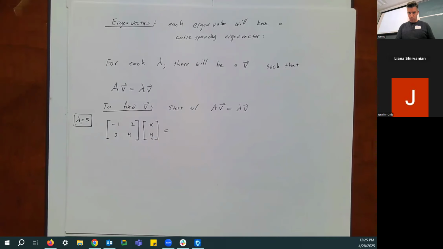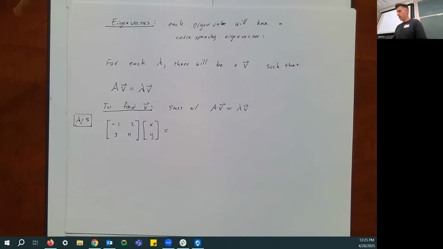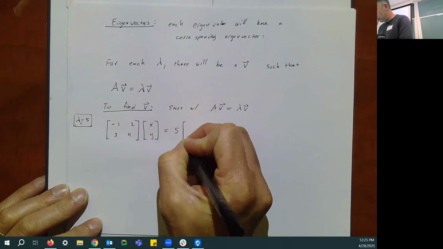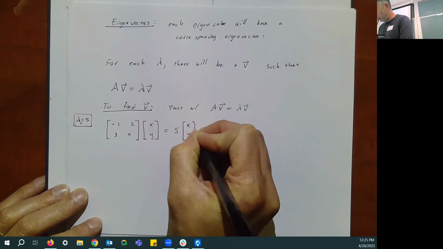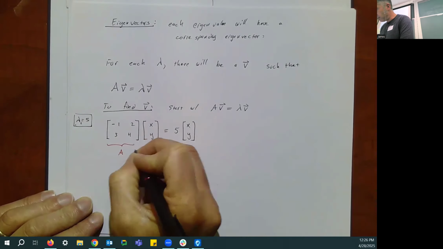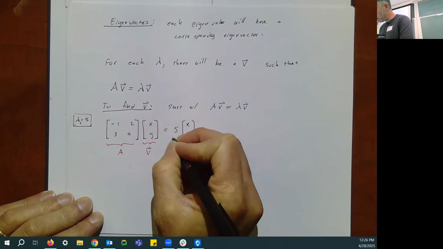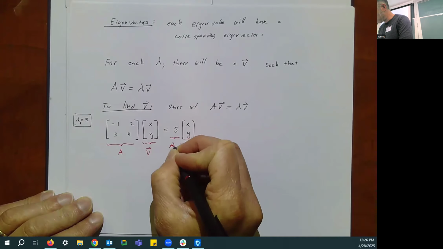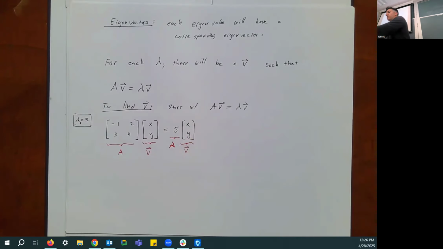Okay, so this is supposed to equal the eigenvalue 5 times the same unknown eigenvector that we're trying to find. So here's my A, here's the vector v, here's my lambda, there's the vector v again. Most of the time, to figure out what that vector is going to be, you only need one of the two equations that this matrix equation represents.